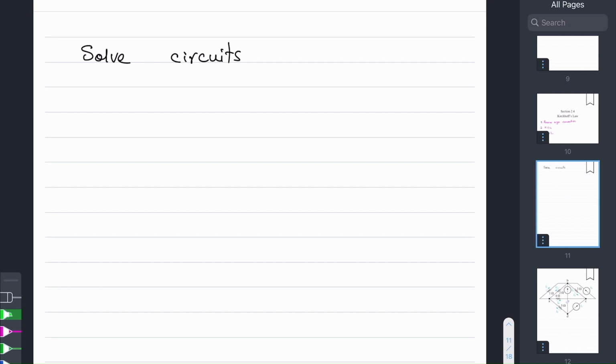And you hear this term over and over and over again in this course. Okay? What does it mean to solve circuits? Well, it simply means we are finding out all the node voltages and all the branch currents.